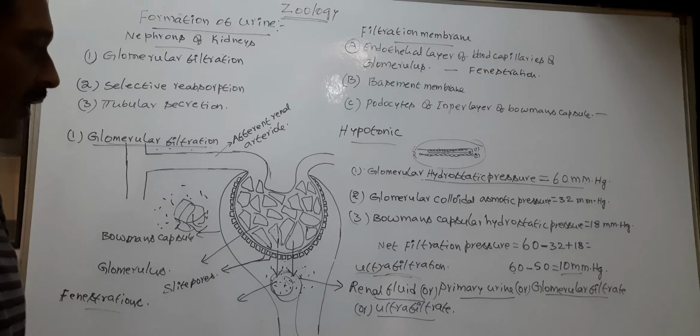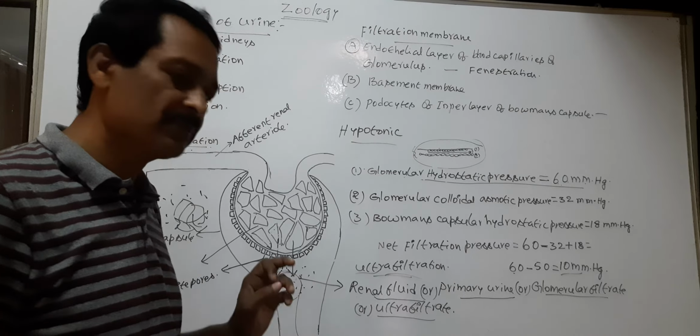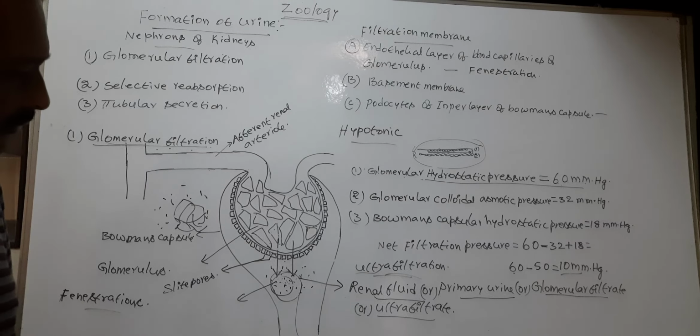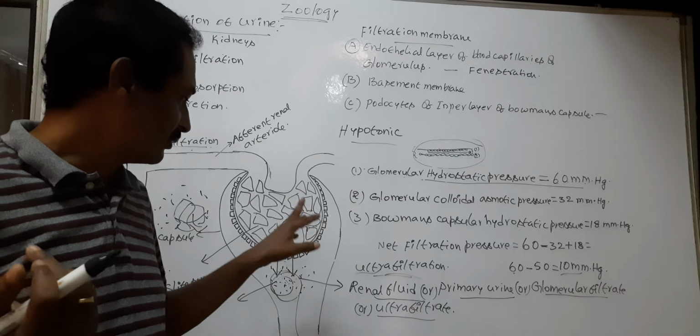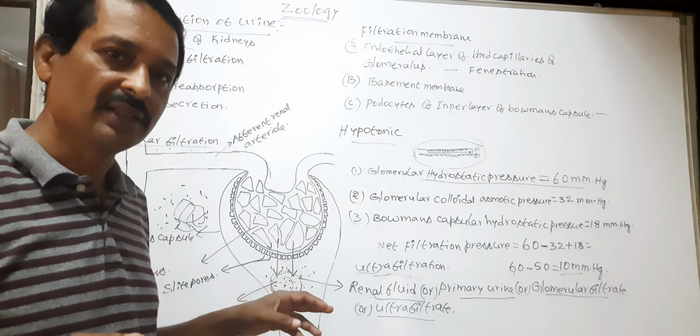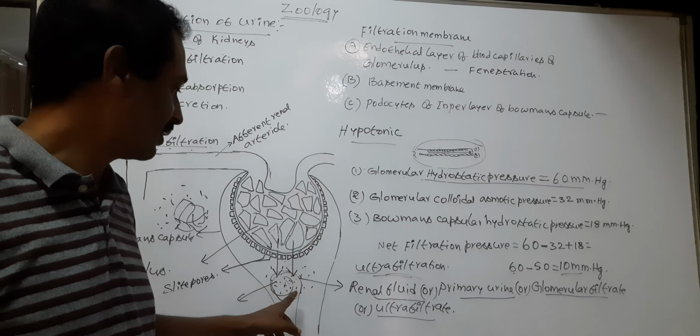Next, the primary urine contains some essential substances like glucose, vitamins, amino acids, etc., and water also.